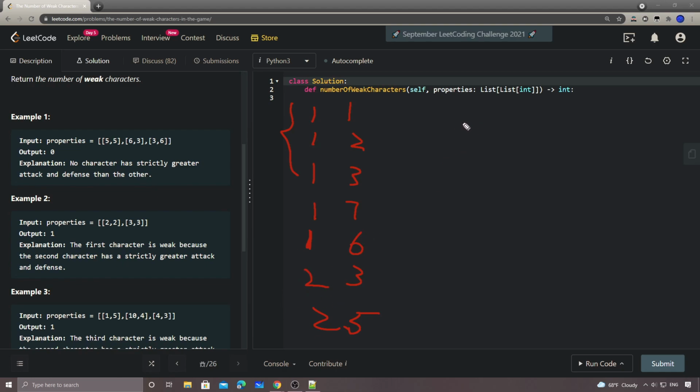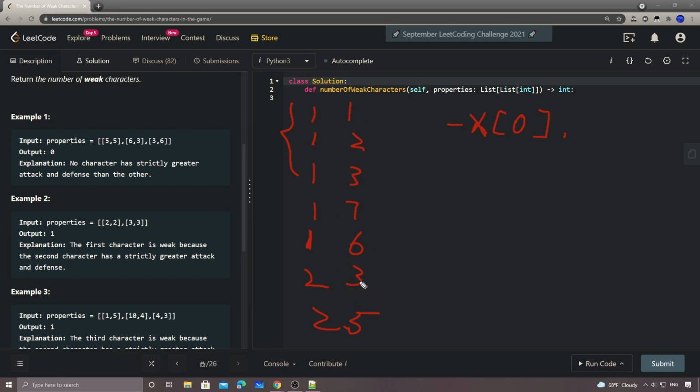in descending order, right? Basically, it's x0. In that case, we can make sure the first property, which is attack, is either equal or smaller than the previous one, right? And then the next question is how can we check the defense in this case, right?